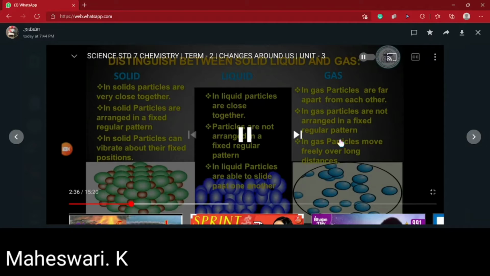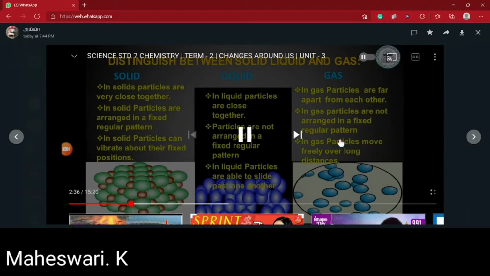In solid, particles can vibrate about their fixed position. In liquid, particles are able to slide over one another. In gas, particles move freely over a long distance.